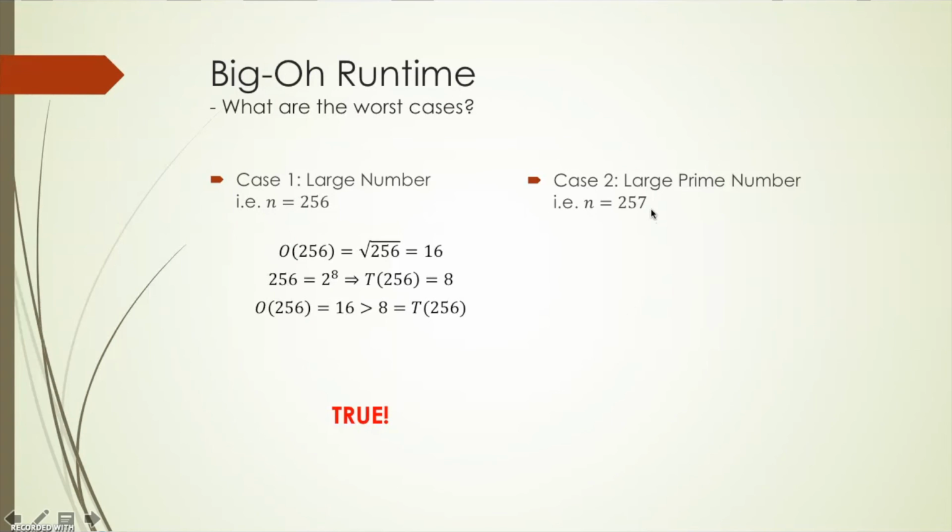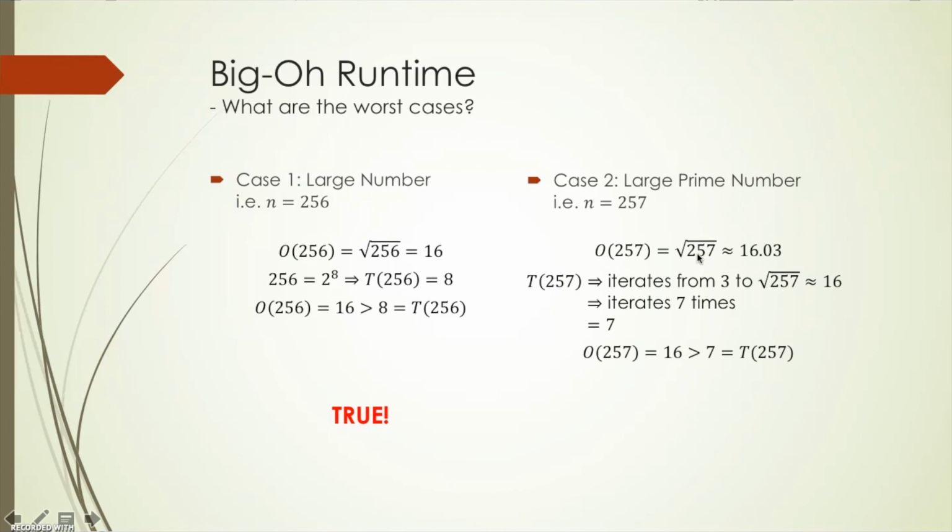The second case I have is the large prime number, which I pick 257. From the calculation, we know that O of 257 is around 16. So from the algorithm that we had before, we know that the T of 257 iterates from 3 to around 16.